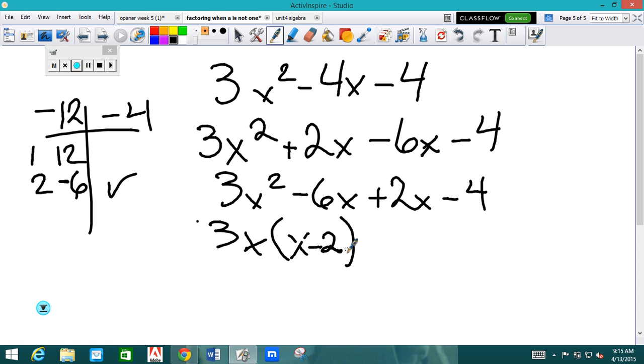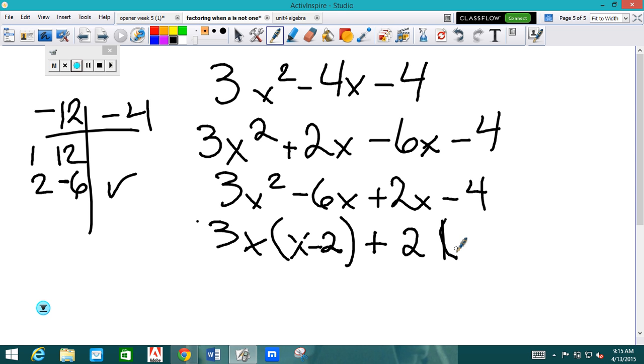So I have minus 2 because the negative was with the 6 at the beginning. So 3x times x minus 2 plus, I hope to get x minus 2 by factoring this. So if I look at it and say, okay, 2x, what would I factor out to get regular x? Well, I factor out a 2.